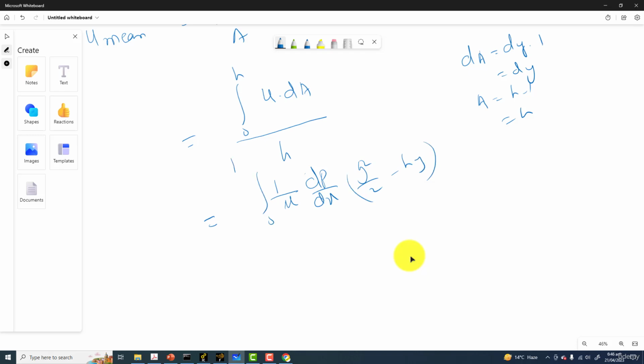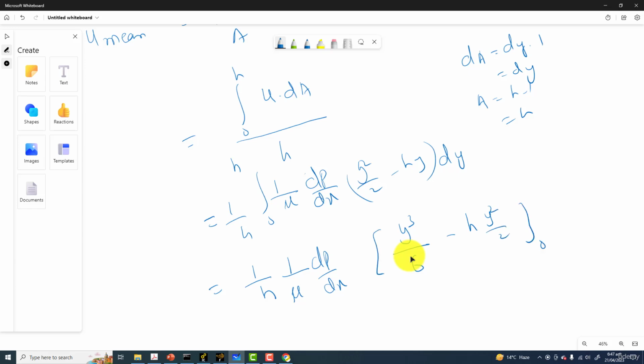Okay, so 0 to h and dy divided by h, so it's 1 upon h. So now I can write down this thing as 1 upon h and also take out the 1 upon mu and dp by dx common, and now integrate. So this integration would be y cube upon 6 minus h y square upon 2, and limits are 0 to h.